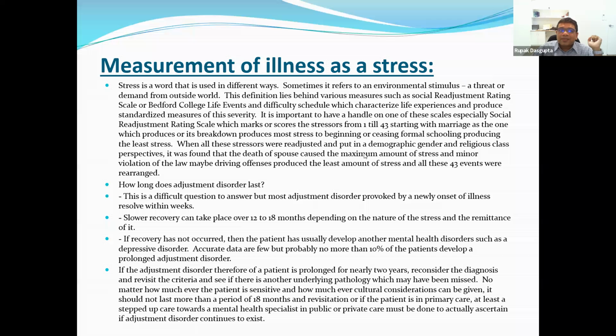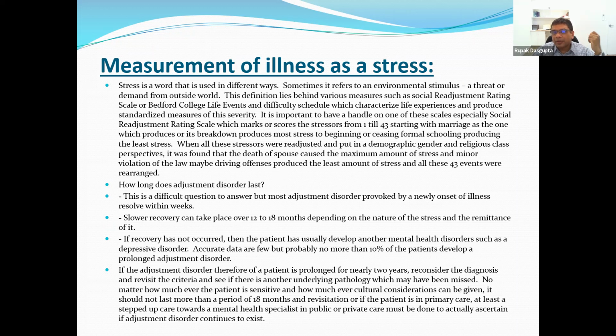So, measurement of illness as a stress. Stress is a very subjective word. Stress is a word that is used in different ways. Sometimes it refers to an environmental stress stimulus, a threat or demand from the outside world. The definition lies between various measures, such as the Social Readjustment Rating Scale or the Bedford College Life Events scales.